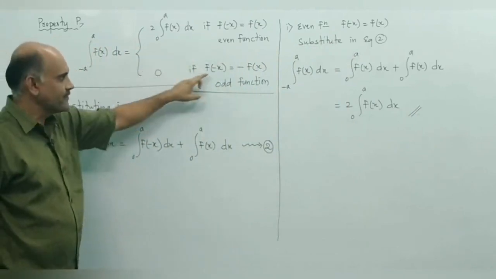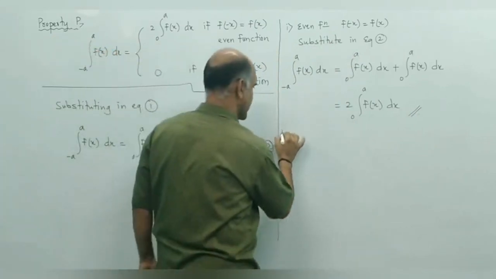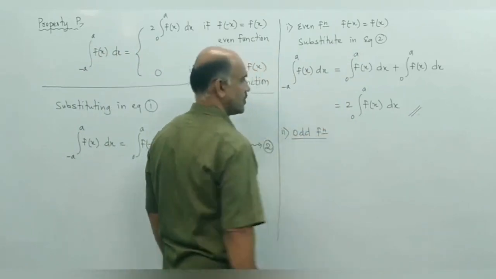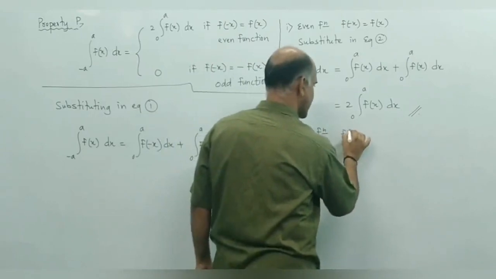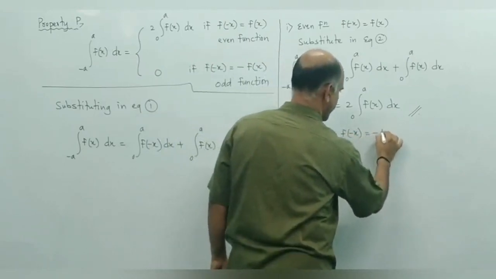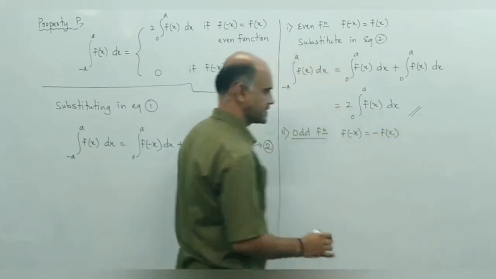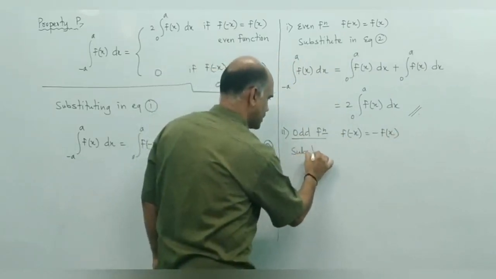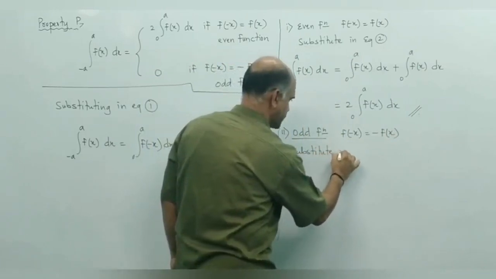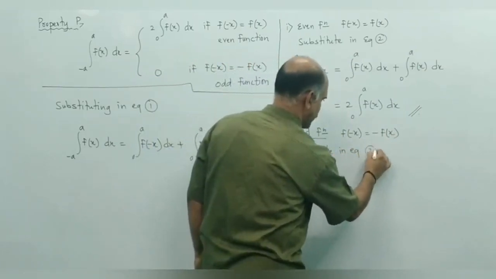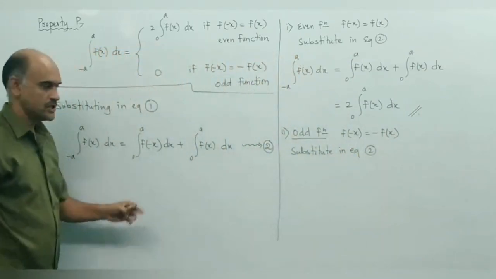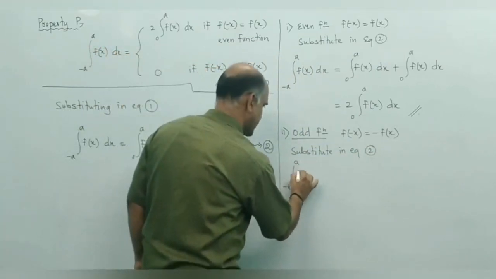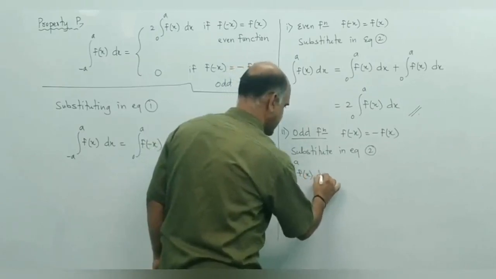Now second, if you take an odd function, f of minus x is minus f of x. You substitute again in equation 2. The LHS is as it is, integral minus a to a of f of x dx.